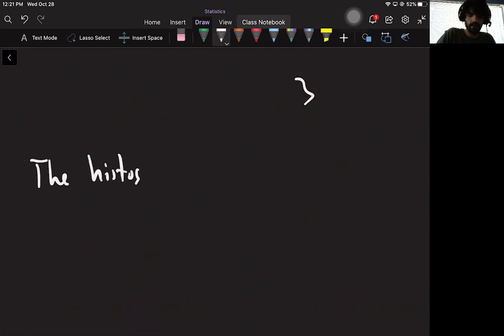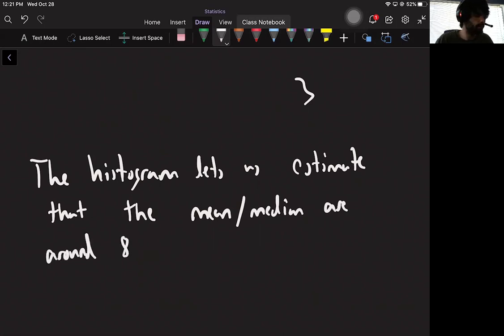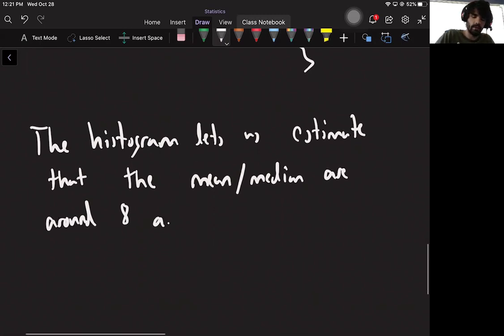So the histogram lets us estimate that the mean and also the median are probably around or exactly equal to 8. And the data is sort of a little bit spread.